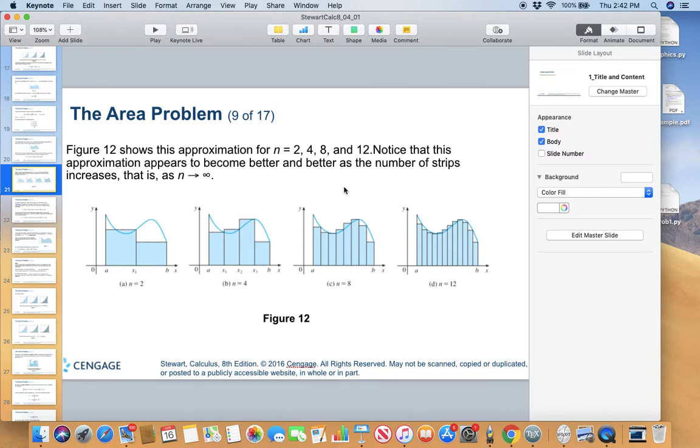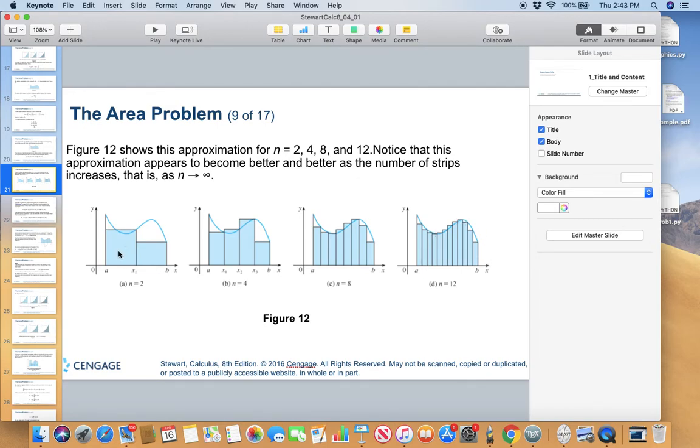So here are different approximations. I'm using right endpoints. There are two rectangles: you take your curve, that's one rectangle, that's another rectangle. Here are four rectangles: you take a to b and divide it into four equal pieces and use the right endpoint heights. Then 8 rectangles, 12 rectangles. As you take more and more rectangles, you get a better approximation.